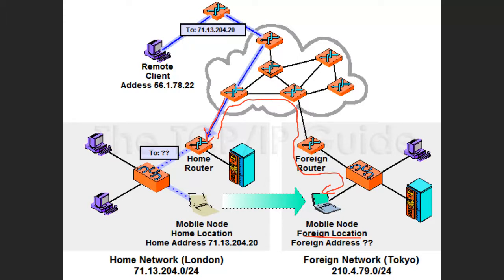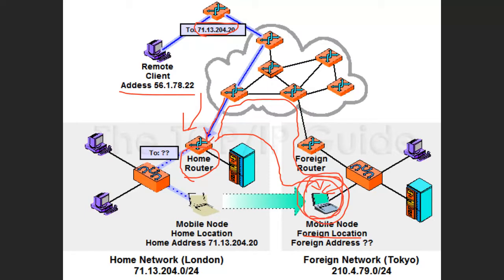Now, to this remote client, only this IP will be visible. That means the end host on the internet sends to this home router, and technically it will encapsulate the packets and send them as a tunnel to this device.